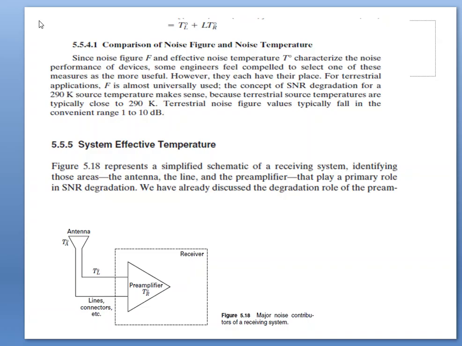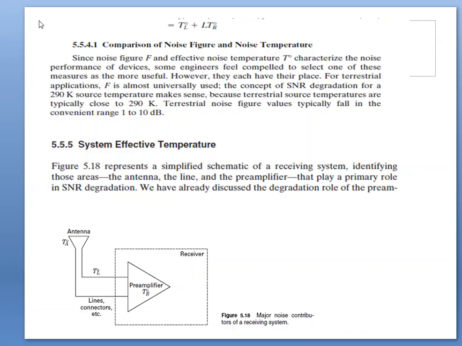There are two primary sources of noise and interference degradation at the receiver. One source, characterized by TA, represents degradation from the outside arriving via the antenna, and the second source, characterized by T composite, is the thermal noise caused by motion of electrons in all conductors.